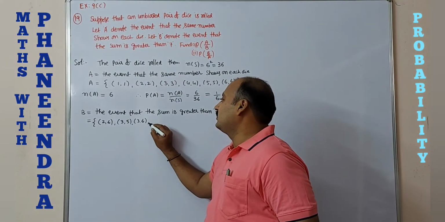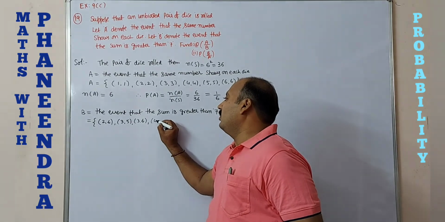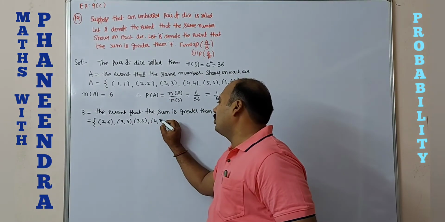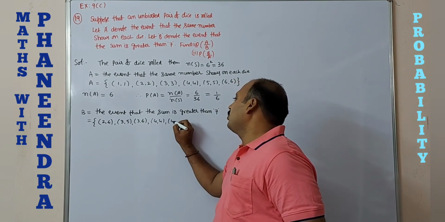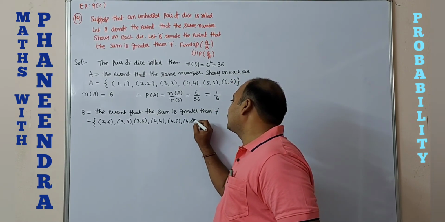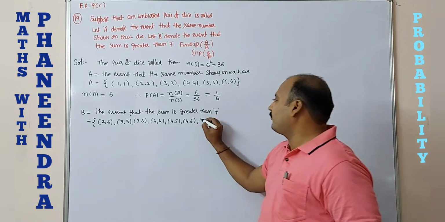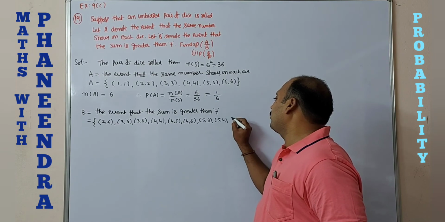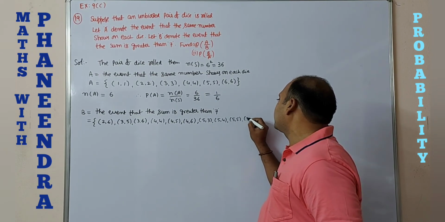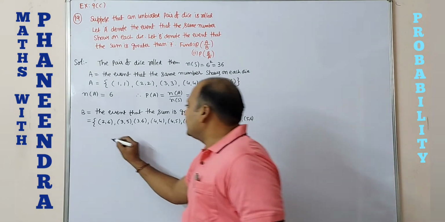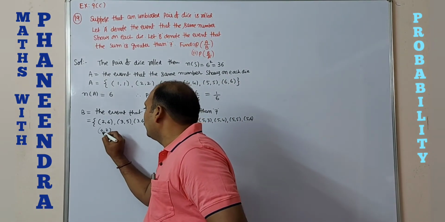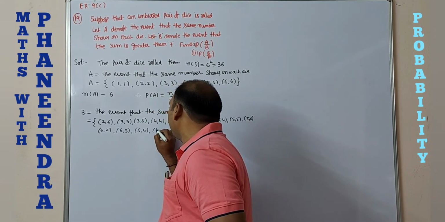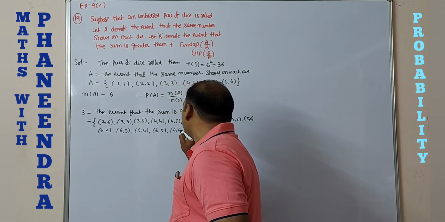Next 4 series, 4 comma 4, 4 comma 5, 4 comma 6. Next 5 comma 3, 5 comma 4, 5 comma 5, 5 comma 6. Next 6 comma 2, 6 comma 3, 6 comma 4, 6 comma 5 and 6 comma 6.